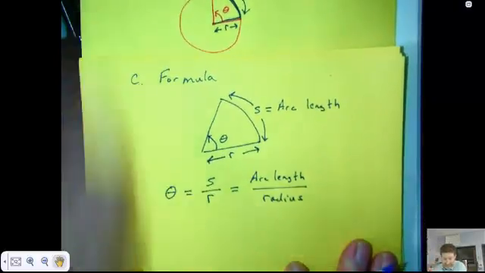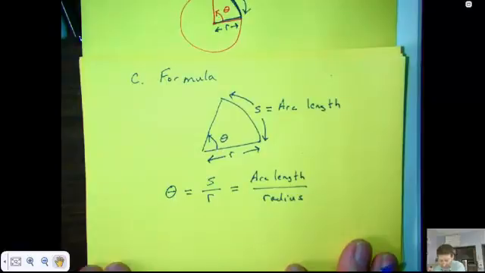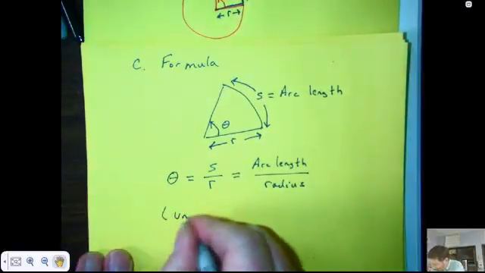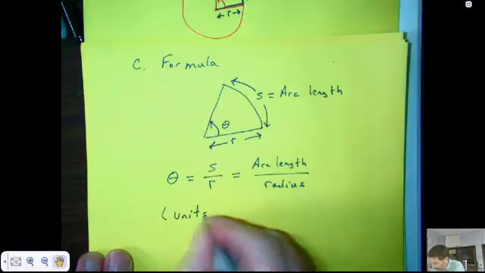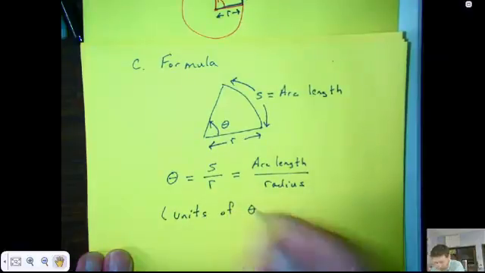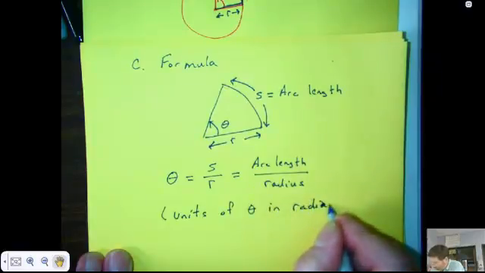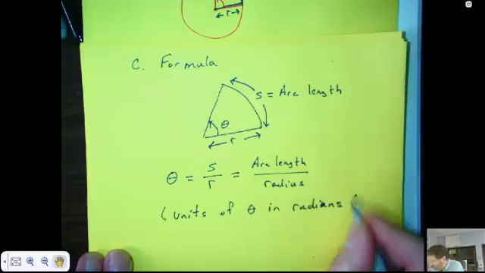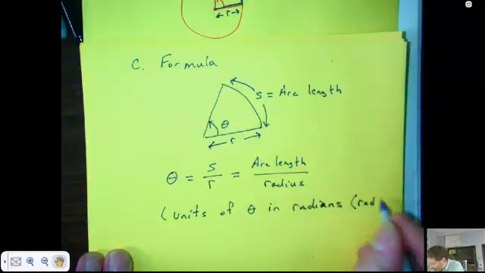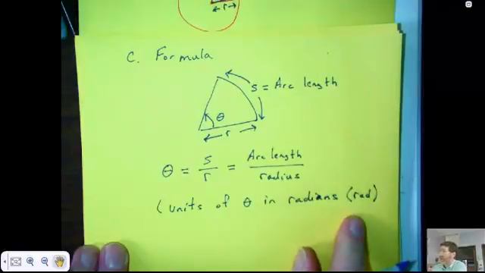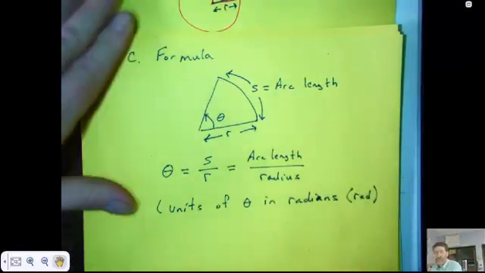And so we just say that then the units are in radians. And our abbreviation for radians is RAD.